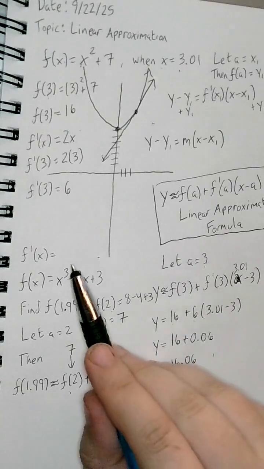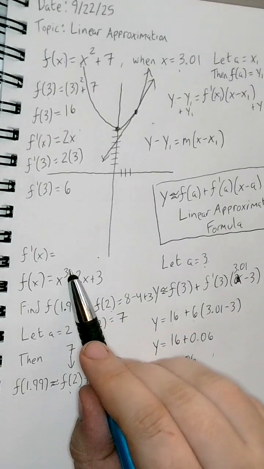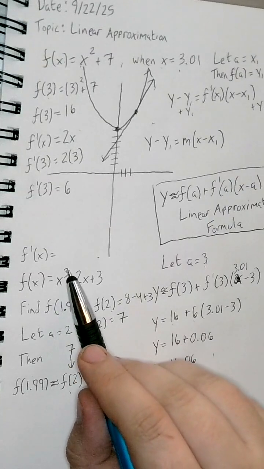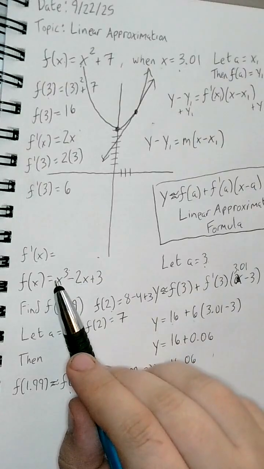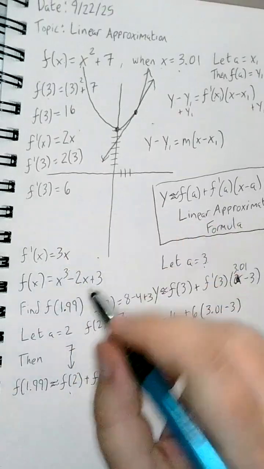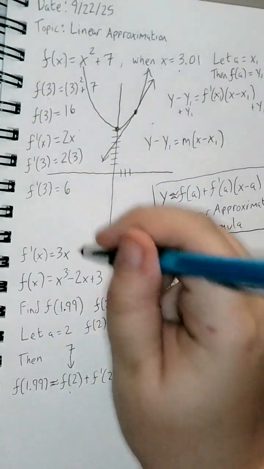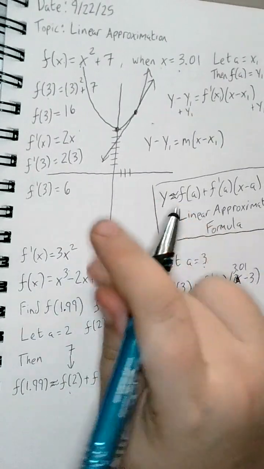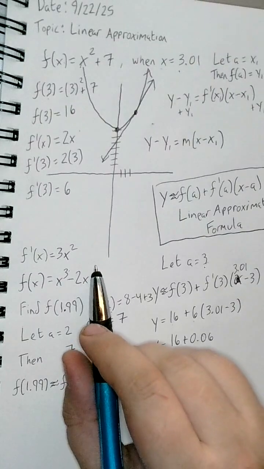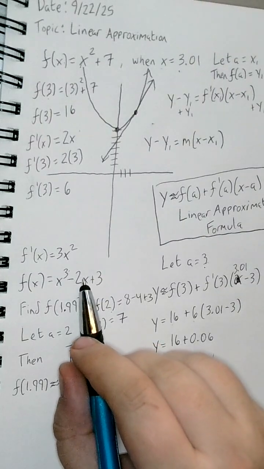So here, I have x cubed. Remember that if I don't have a coefficient, it means the coefficient is 1. So I take my 3, move it out front, multiply it by 1. That gives me 3. And then x to the 3 minus 1 is 2. So that's going to be 3x squared. And then remember, a variable without an exponent is the same as a variable to the first power.